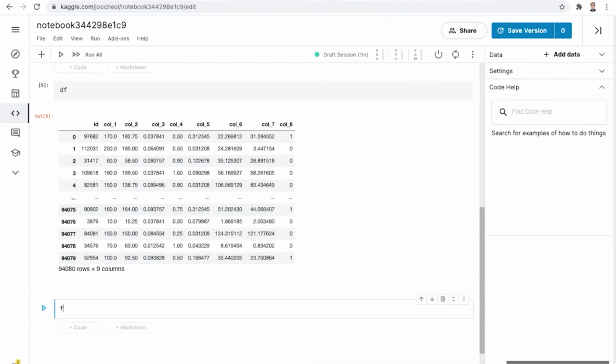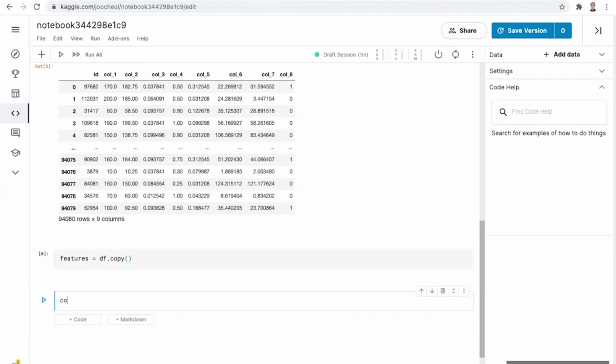So make the features. Features is df copy, okay, and then column 8 is my target. I need to practice typing features.pop column 8.